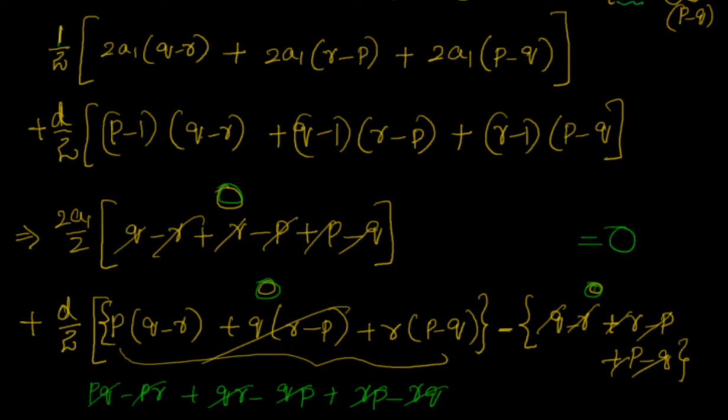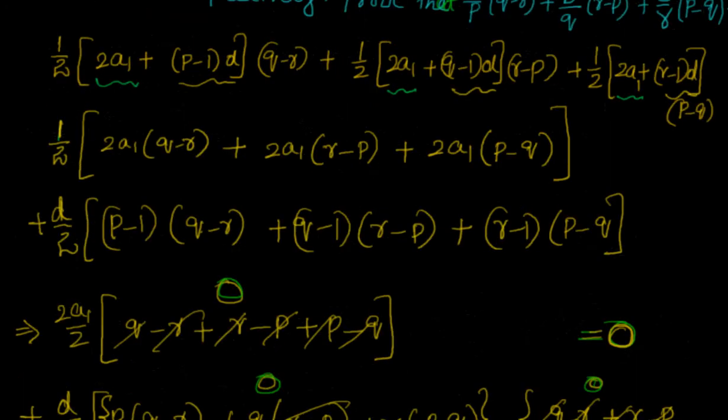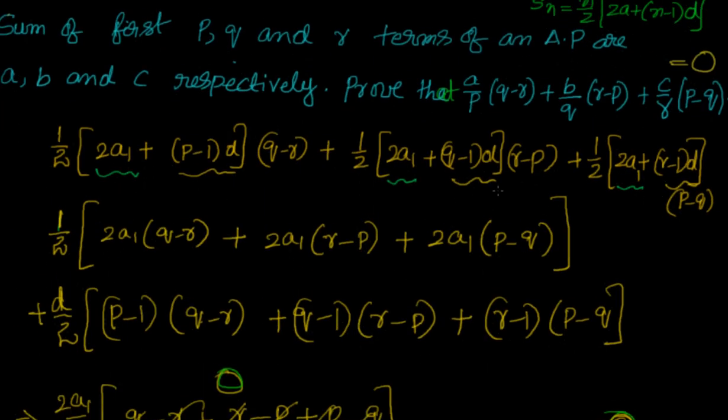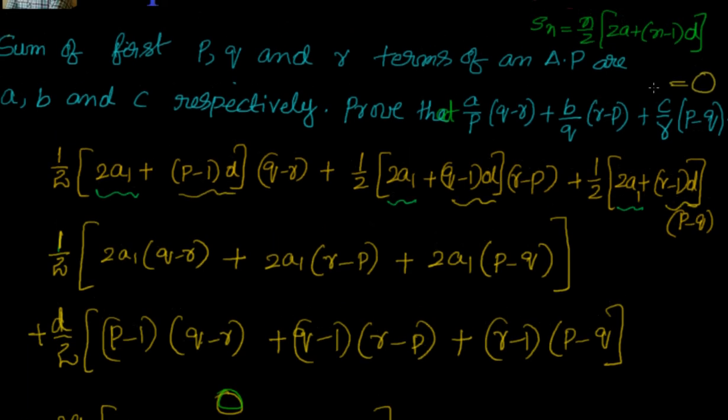So that is how we can prove that a by p into q minus r plus b by q into r minus p plus c by r into p minus q equal to 0. What we have done is applied the formula we know for sum to n terms, n by 2 into 2a plus n minus 1 into d.